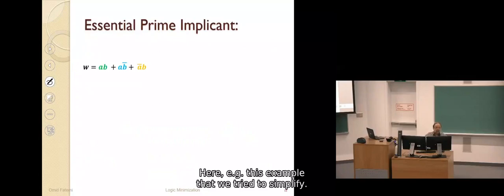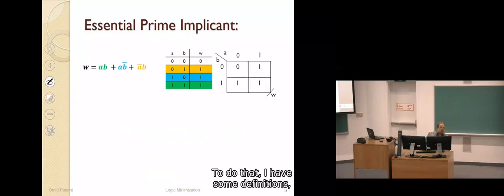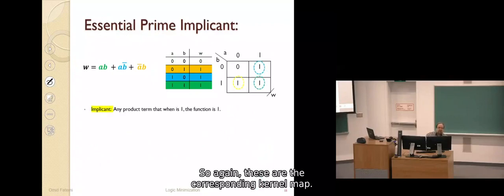Here, for example, this example that we tried to simplify, now we are going to use the Karnaugh map to simplify. To do that, I have some definitions and terminology I have to tell you. So again, these are the corresponding Karnaugh maps. The first one is implicant.